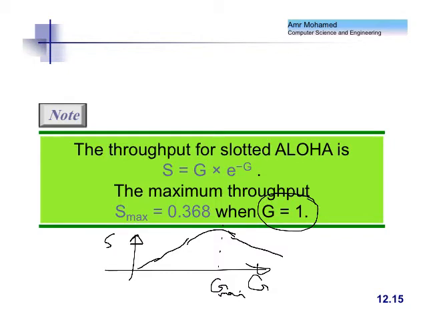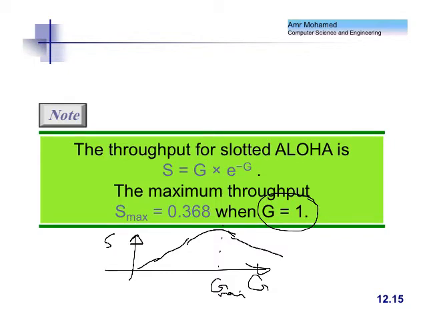Which means that the maximum throughput you can get is when the system is half loaded, loaded 50% of the time. Which means that the amount of frames or bits sent from all the stations collectively is 50% of the maximum data rate that the channel can provide. This is how we calculate the load.